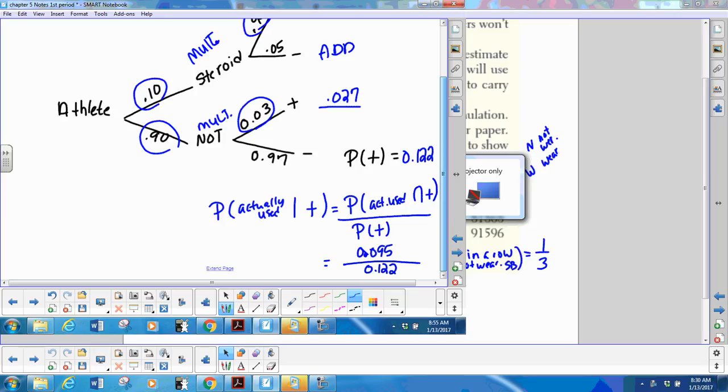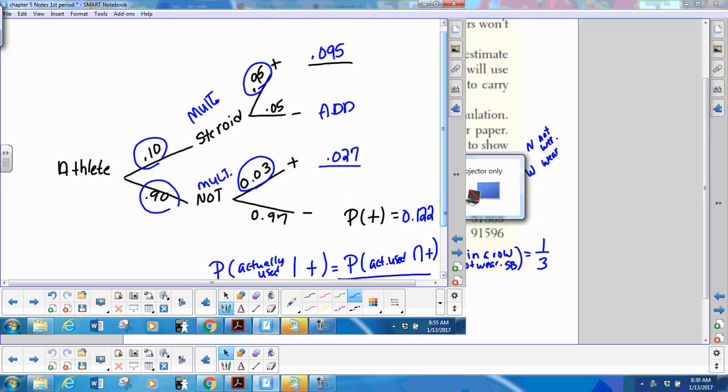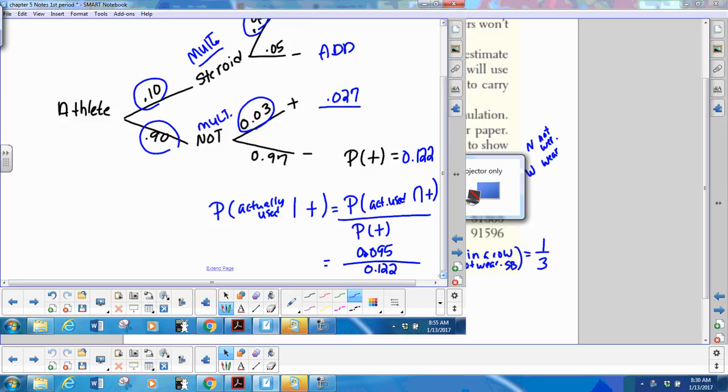For the actual users who tested positive, I just start on the branch where they actually used and tested positive, and that'll give you that. The actual answer is about 0.78.